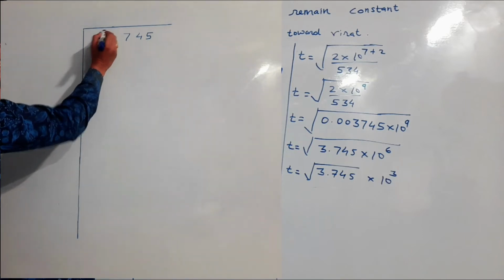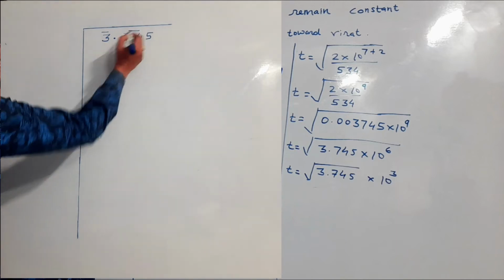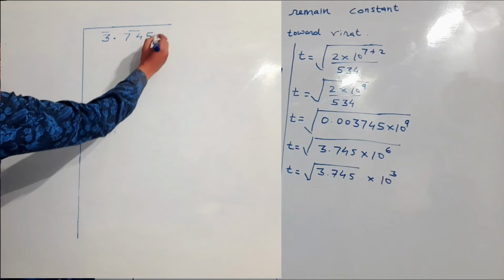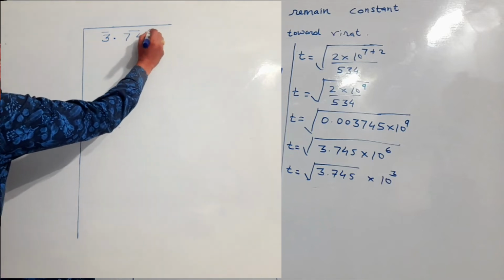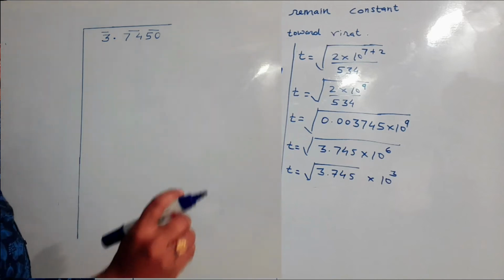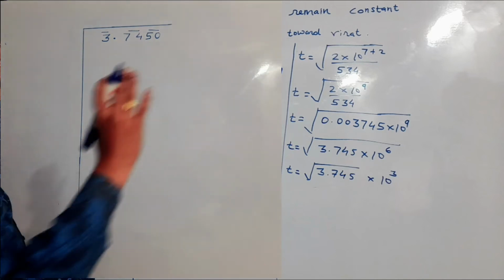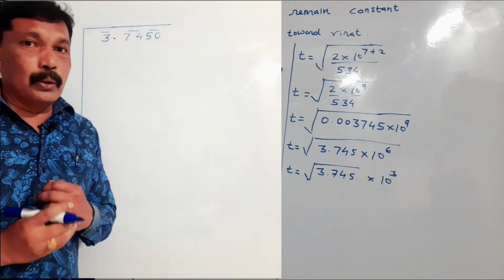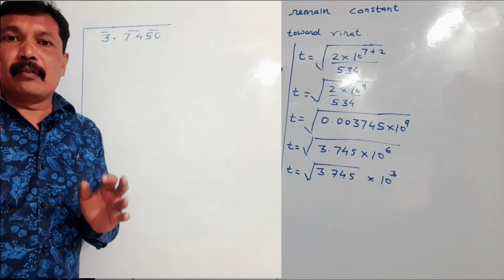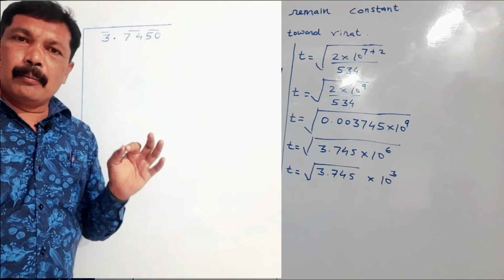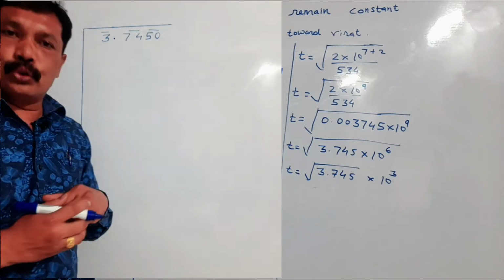So 3 will come in one pair, 74 will come in another pair, and here 5 is there, so we can put here 0, and 50 will come in another pair. So my dear student, the first thing which we have to do for finding out the square root of any number with a decimal point is to make the pairs as I have shown you.